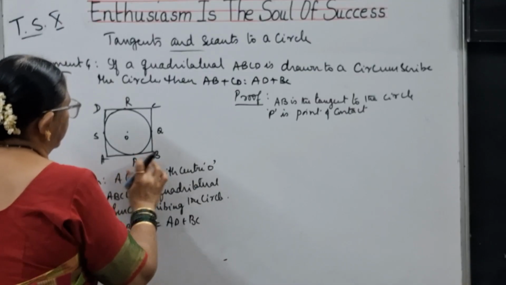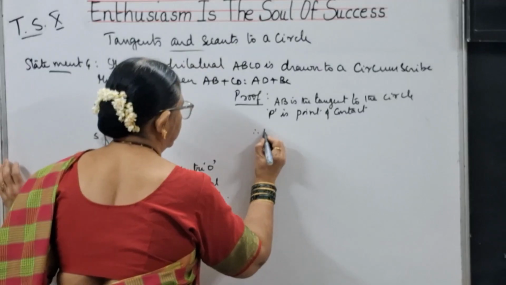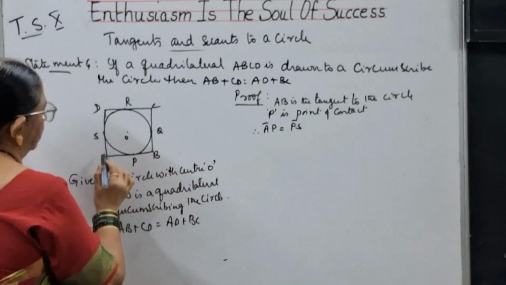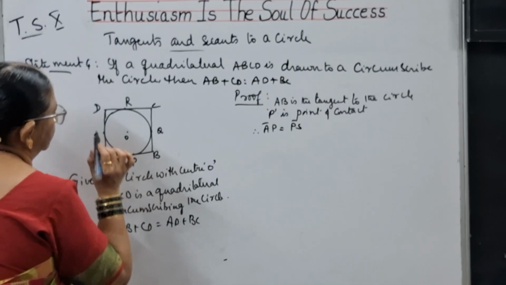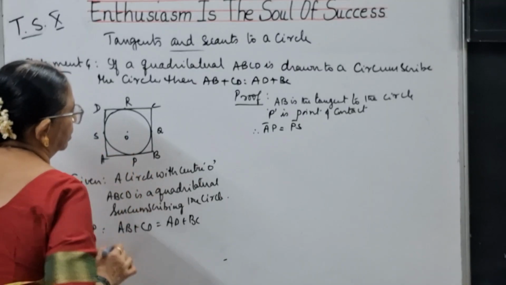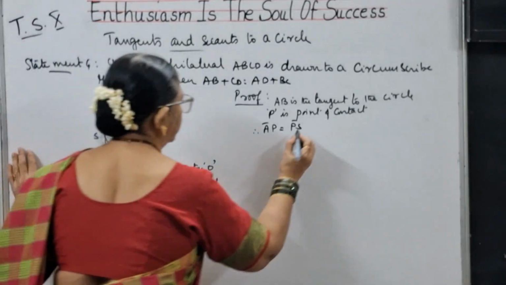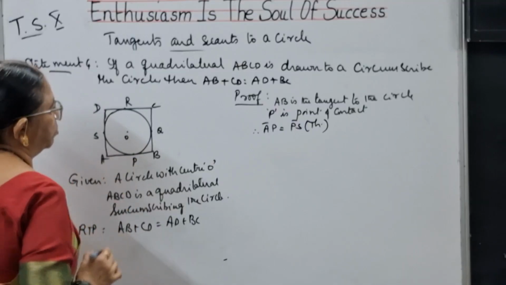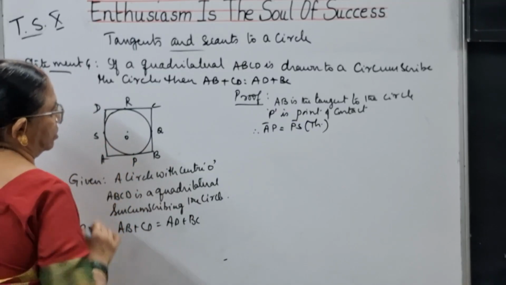So when AB is the tangent and P is the point of contact, I can say that AP is equal to AS. Why? See, this is an external point. AP is one tangent and AS is another tangent. Based on the theorem you have learned, tangents from an external point are equal. So AP is equal to AS.